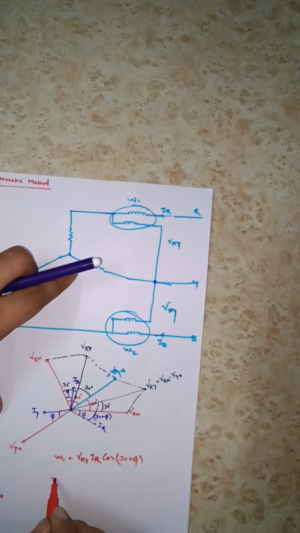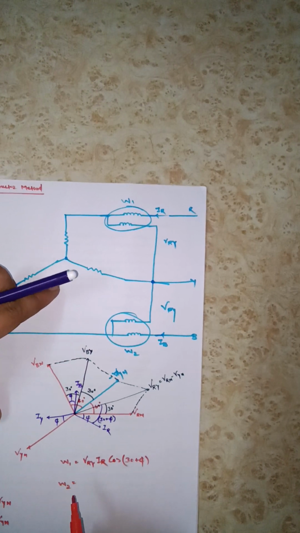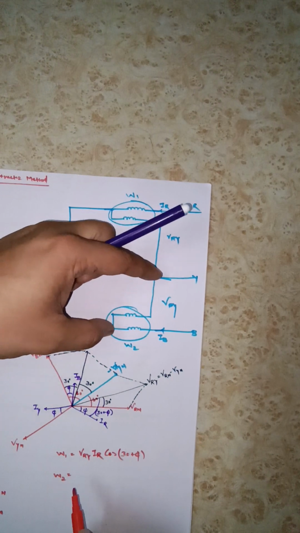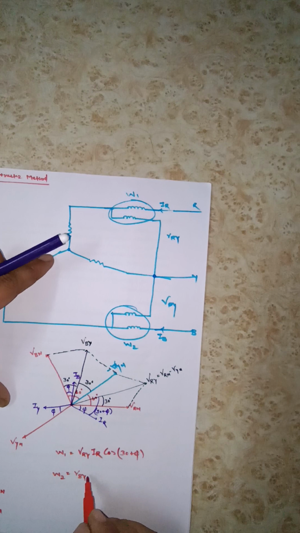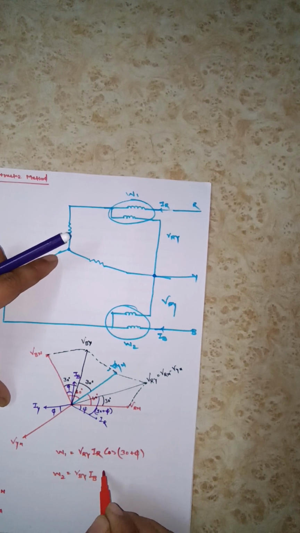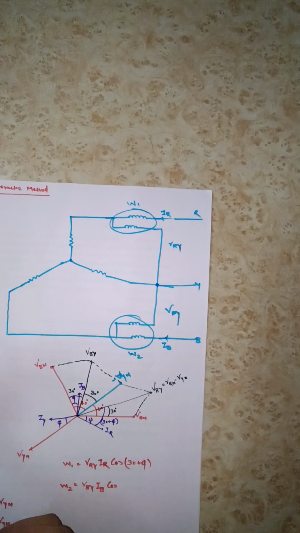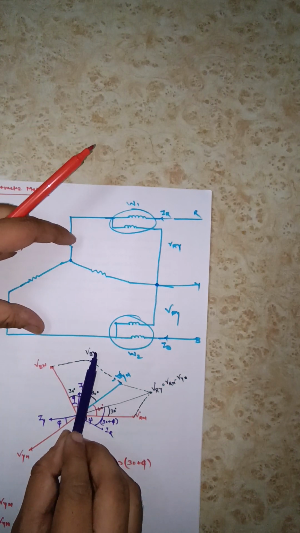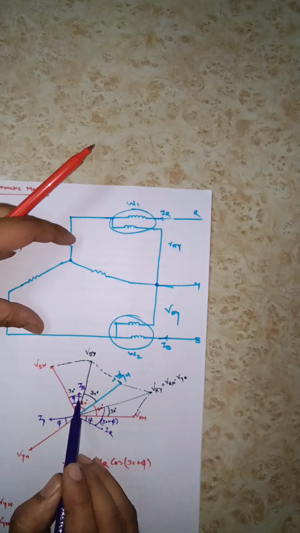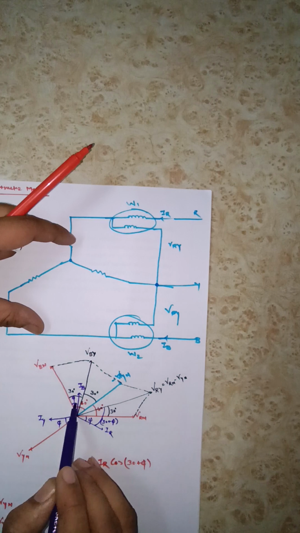Now let us talk about W2. W2 will be reading VBY, current IB. Now we have to discuss the angle difference between voltage and current. Look here, this VBY and here this current I. So this total angle is 30 degree and this small angle is phi.